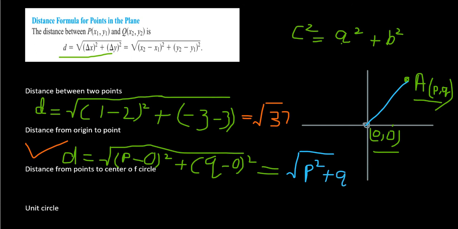So in the next we are going to plot distance from points to center of circle. You can say that it must be a circle, the points from to center. This distance will make radius.